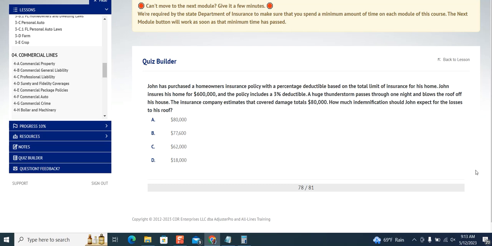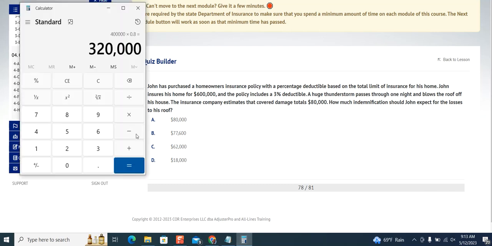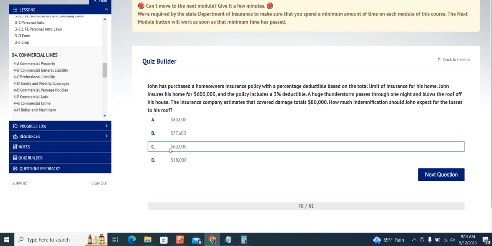How much indemnification should John expect from the loss of his roof? 80,000? But he got a 3% deductible. Let me calculate. 600,000 times his deductible is 18,000. We do 80,000 minus 18,000, 62,000.